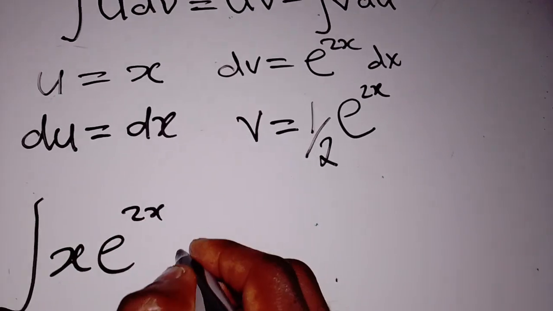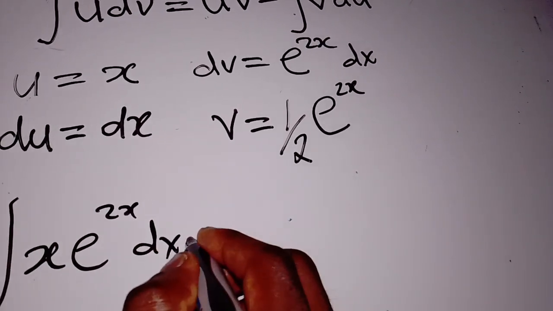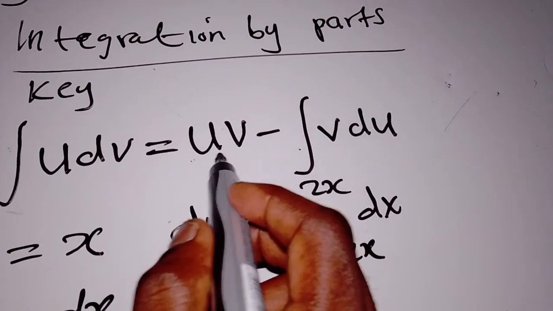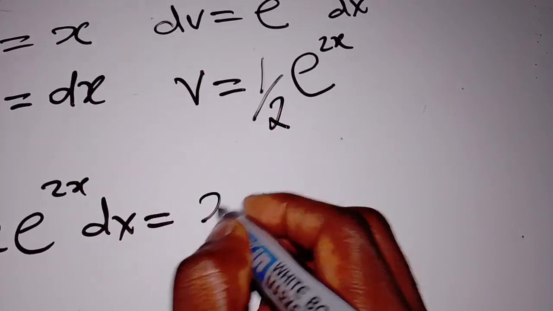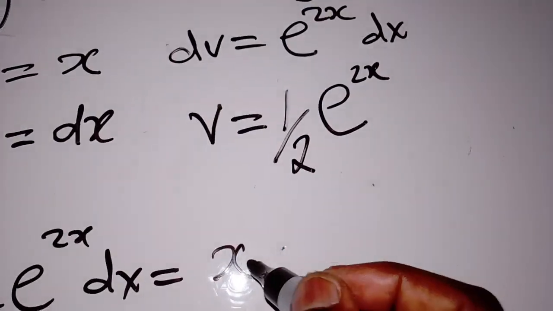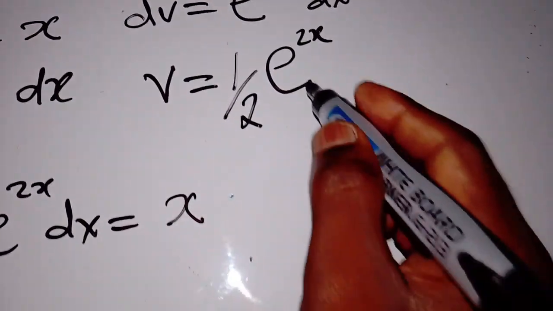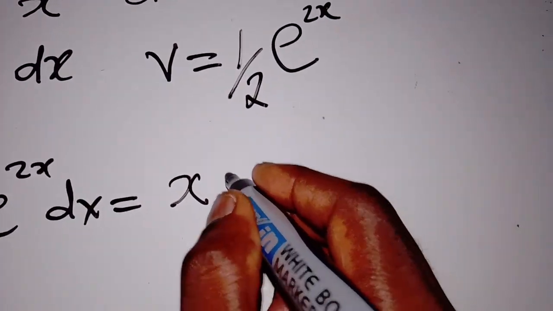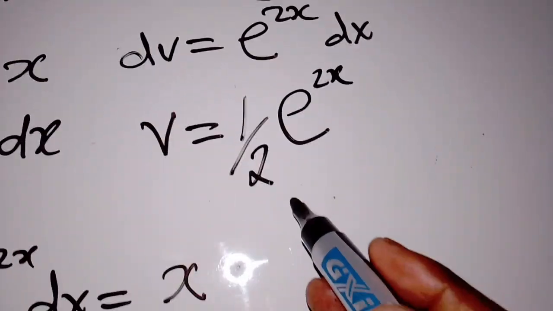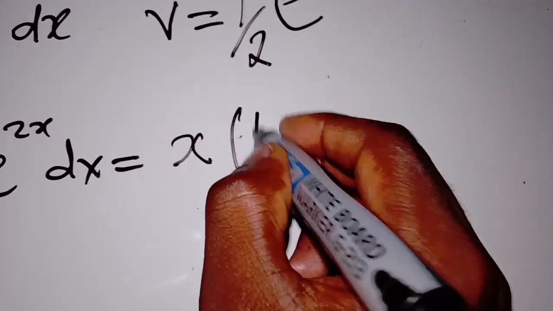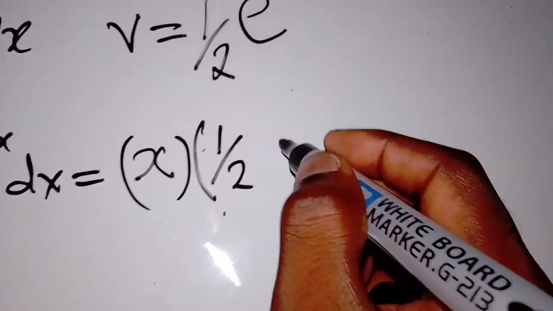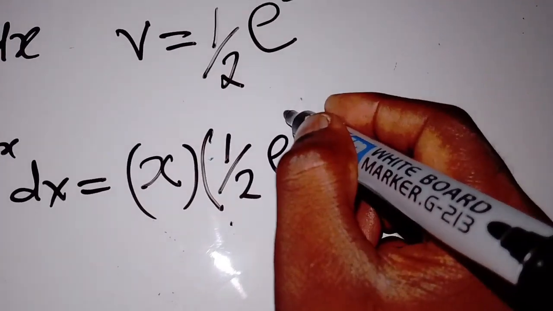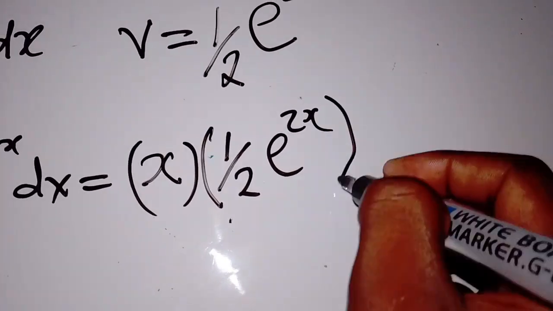the integral of x e to the power 2x dx, and this is equal to u times v. u is equal to what? x. This u is x. What about v? Our v is 1 over 2 e to the power 2x.